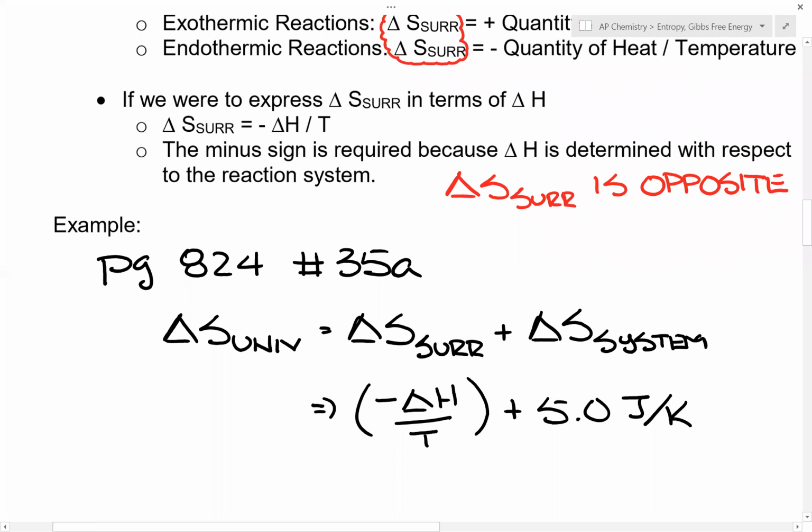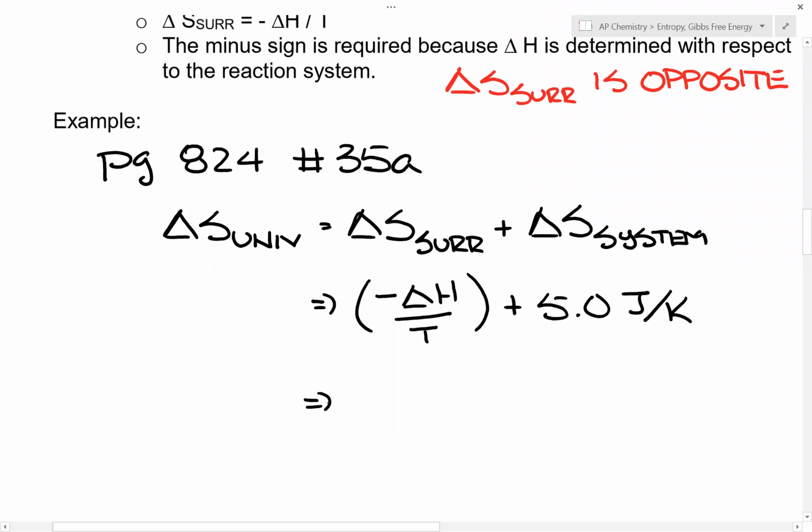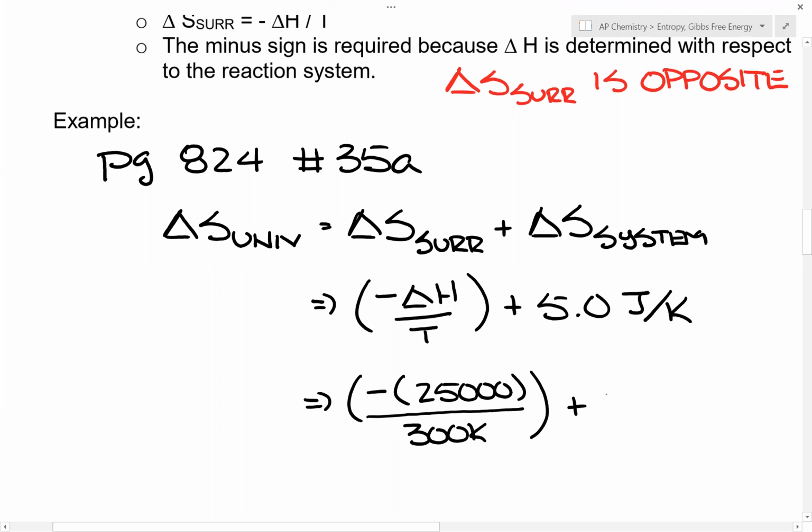Okay. So then what we do is we fill in the data, delta H negative. So that would be negative 25,000 all over 300 Kelvin plus 5.0 joules per Kelvin. Now be aware the units for delta H was in kilojoules, so I had to flip it to joules.